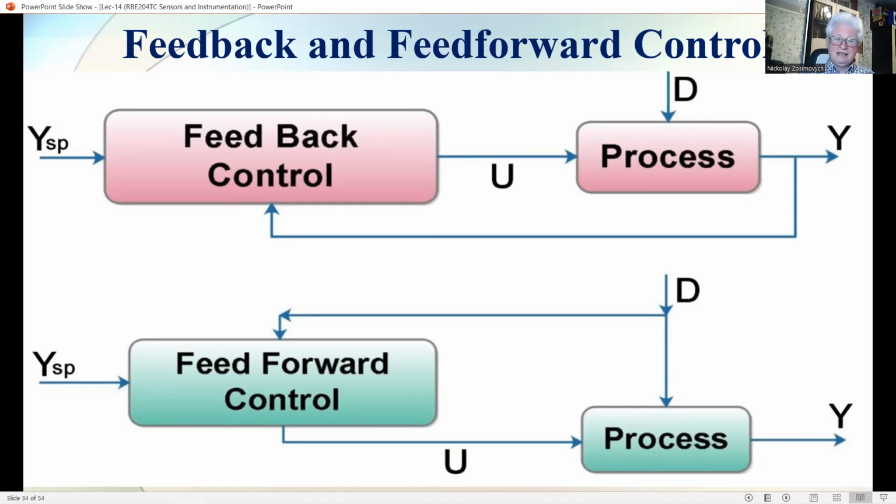Right? If the plant is stable and is completely and accurately known, and if the inputs to the plant can be precisely generated by the controller and applied, then accurate control might be possible even without feedback control.